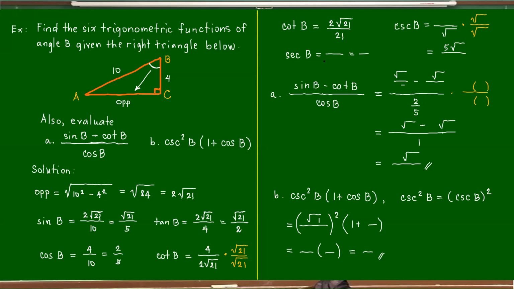Secant B is hypotenuse over adjacent, 10 over adjacent. What is adjacent? 4 po. 4. When simplified, that is 5 over 2, no? Okay.